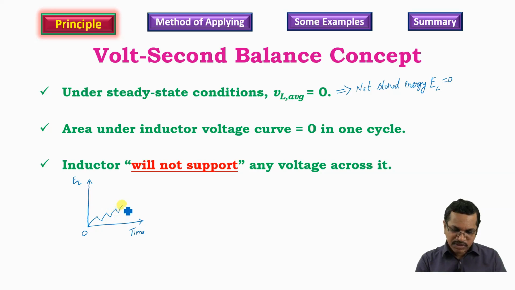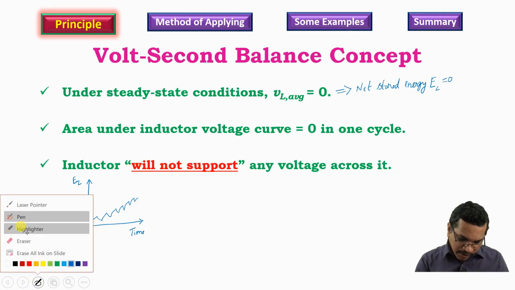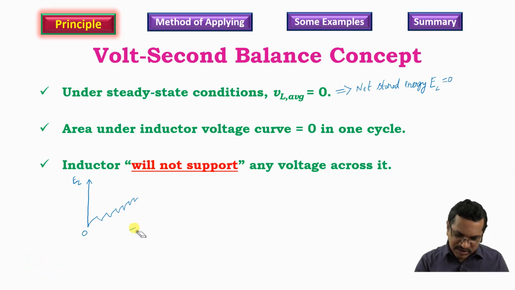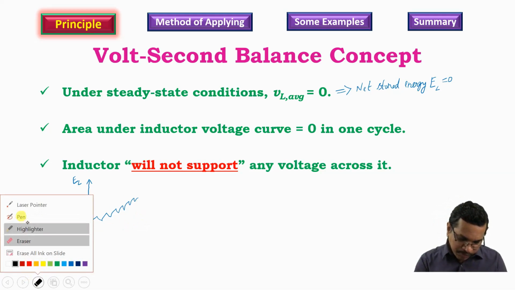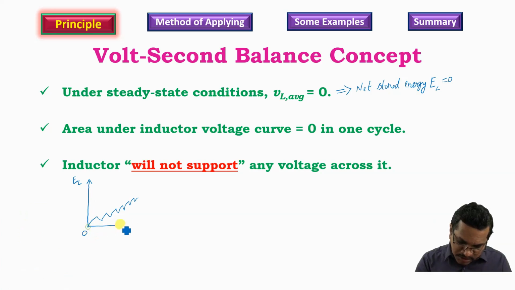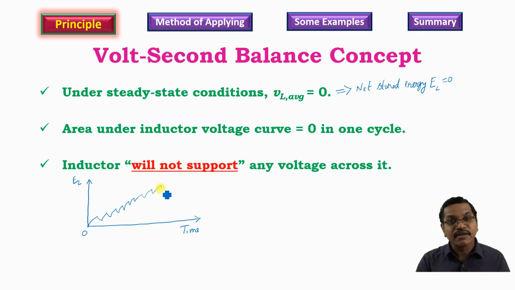When this happens repeatedly, the energy across the inductor keeps on increasing. Let's plot it over a longer duration of time, so I'll extend this time axis to see what happens. There could be a case where the energy keeps on increasing arbitrarily.